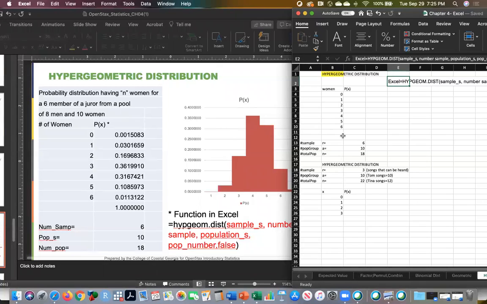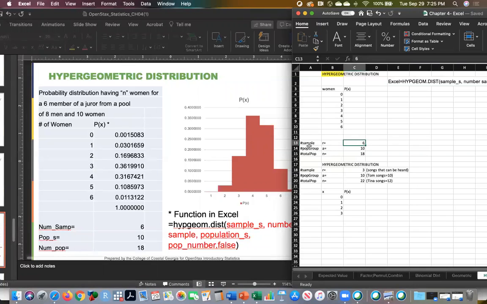The sample size is 6. This is the number of people that I want in my committee. This is the group of interest: I have 10 women, out of a total of 18. So that means I have 8 men, right?